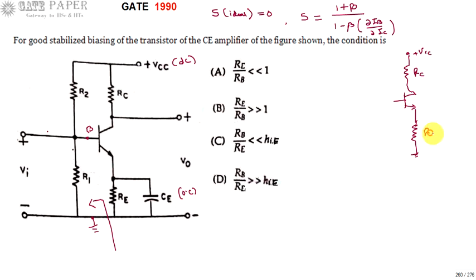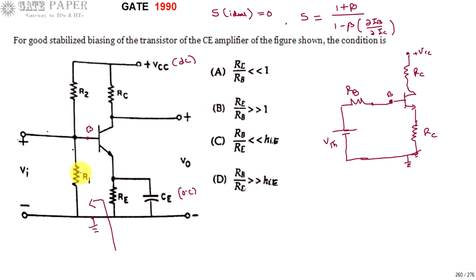Between base and ground you replace the circuit with Thevenin's voltage and Thevenin's resistance. I am writing these as VTH and RB. Thevenin's voltage is the voltage across R1.